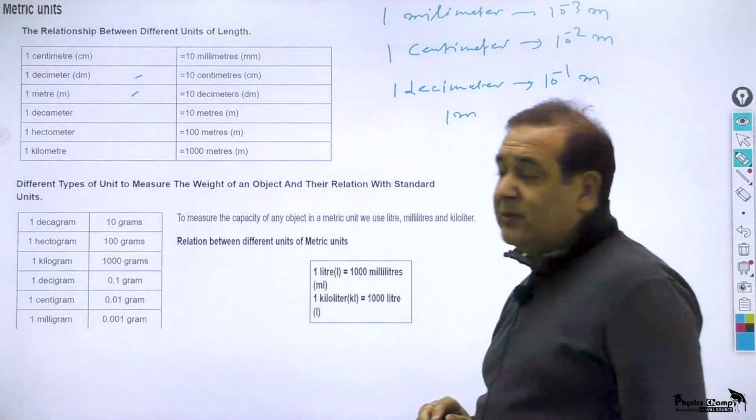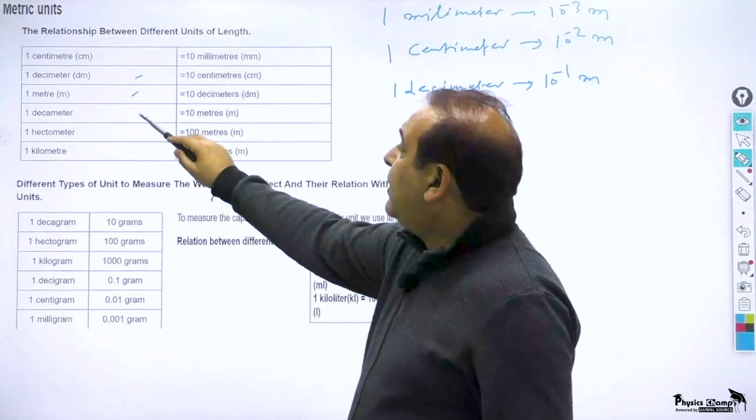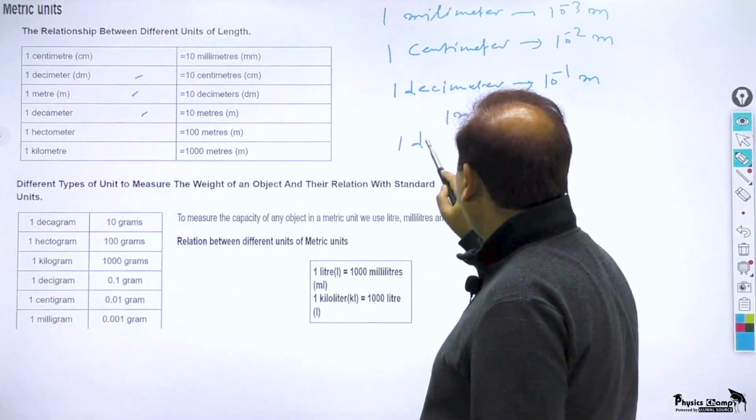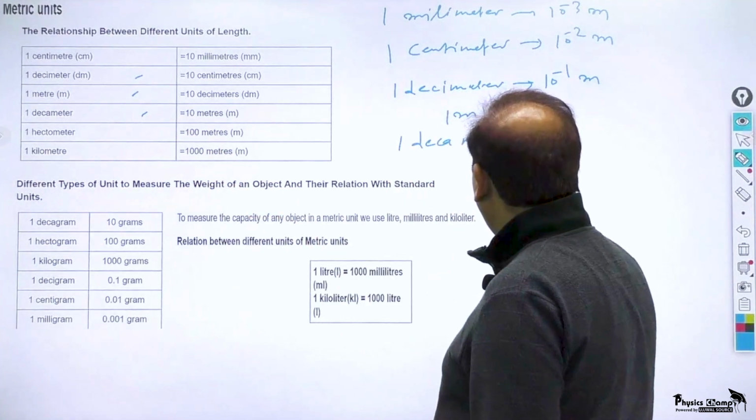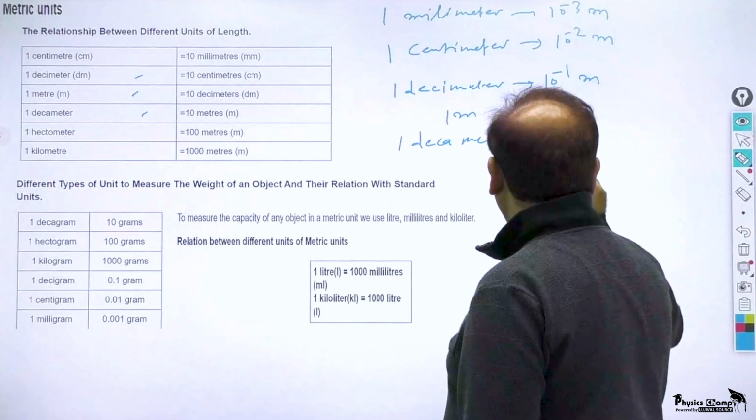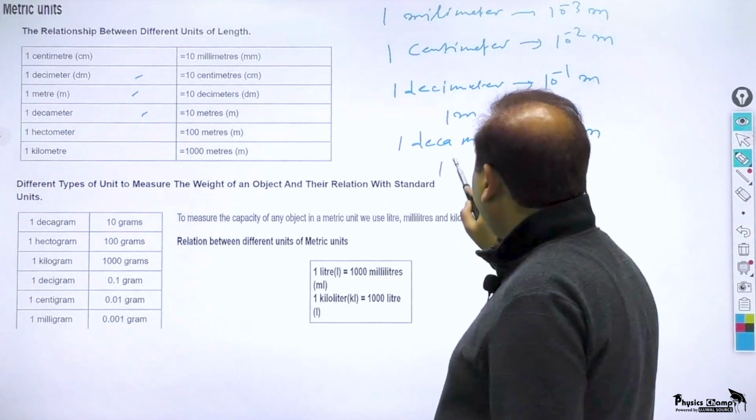Then goes 1 decameter, that is 10 to the power 1 meter. 1 hectometer.